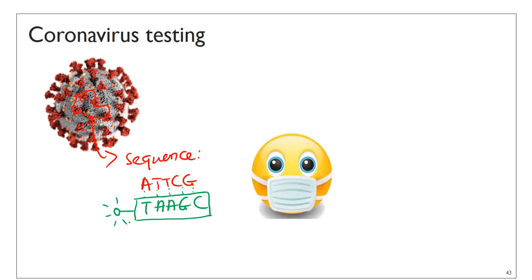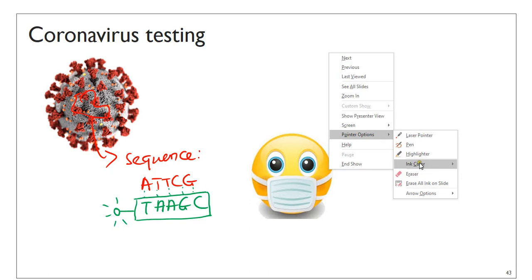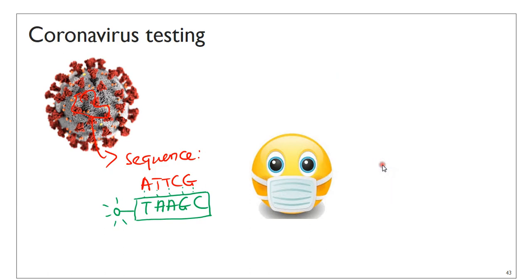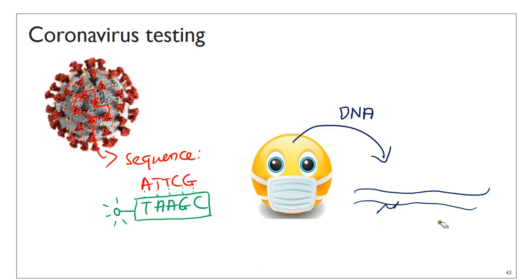Then let's say you have somebody who exhibits coronavirus symptoms. What you're going to do is take their DNA. That's why you take a saliva swab. Their DNA is really, really long.